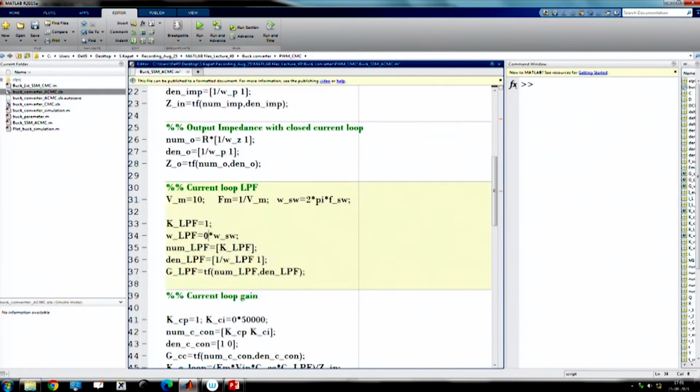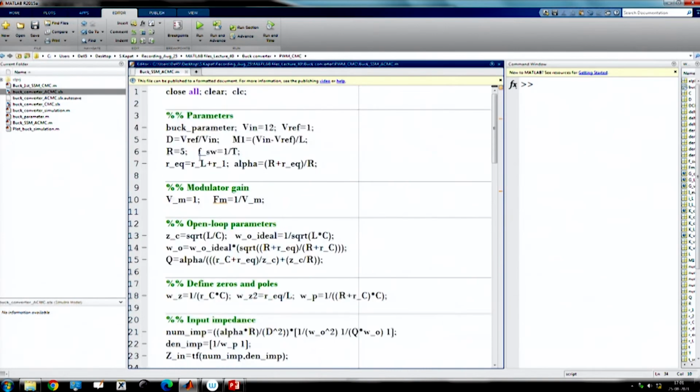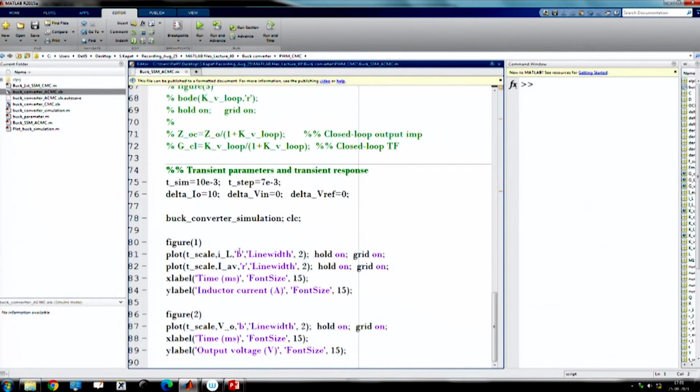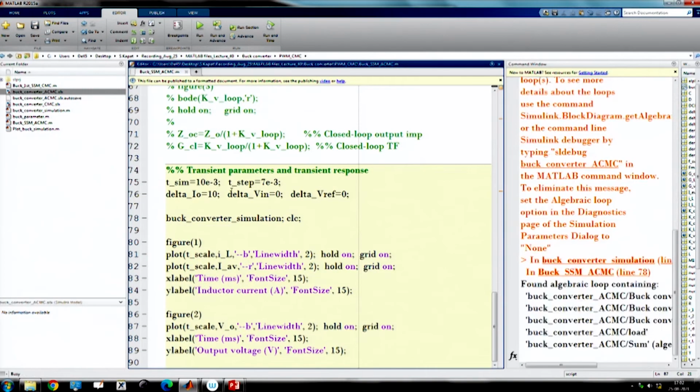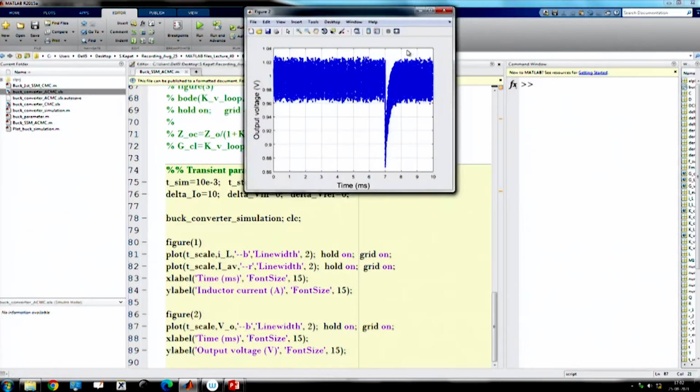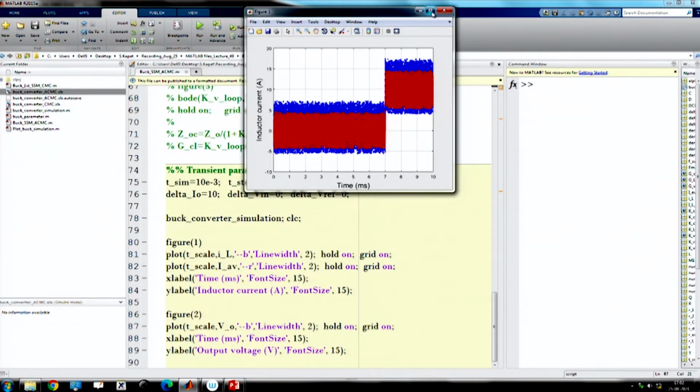Now, we are making 0.5, that means half of the switching frequency, and now we are using dot dash line, and let us run it and see what happens if the current loop bandwidth becomes half of the switching frequency. Now, you will see the drastic change.